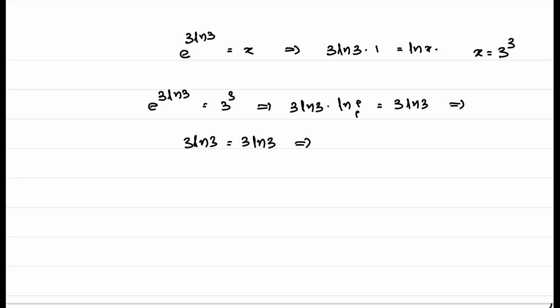That implies e to the power of 3 ln 3 is equal to 3 cubed. Are you able to follow? This I have discussed many times.